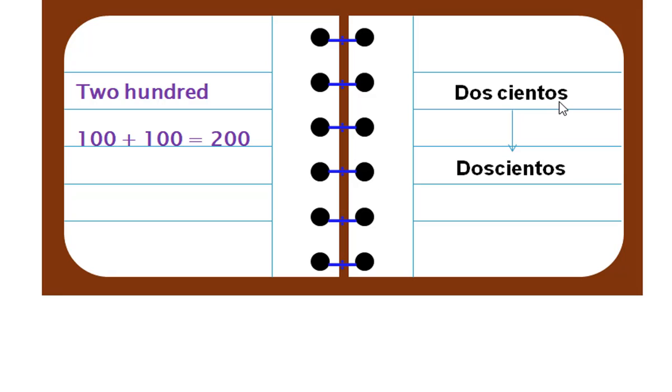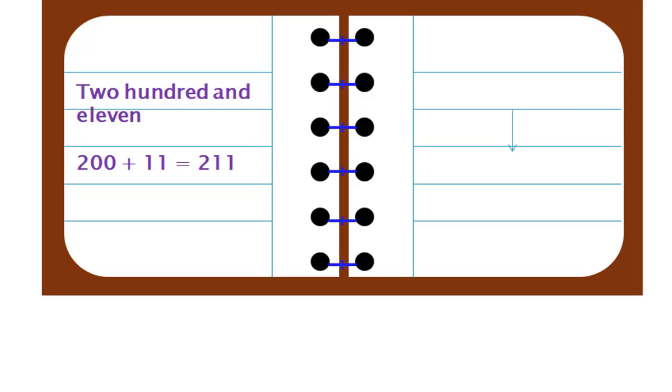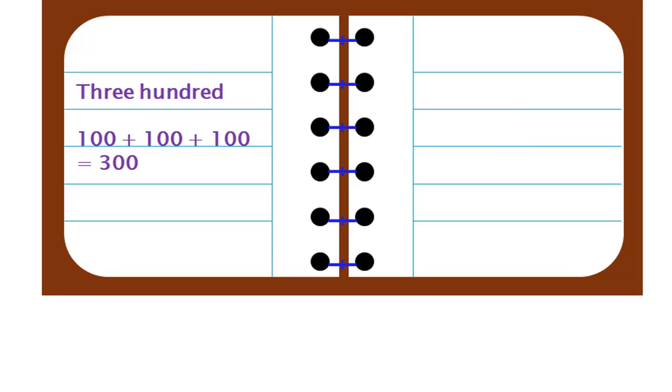So it is doscientos. If you want to say 211, that's 200 plus 11. 200 we know is doscientos, and 11 is once. So doscientos once.